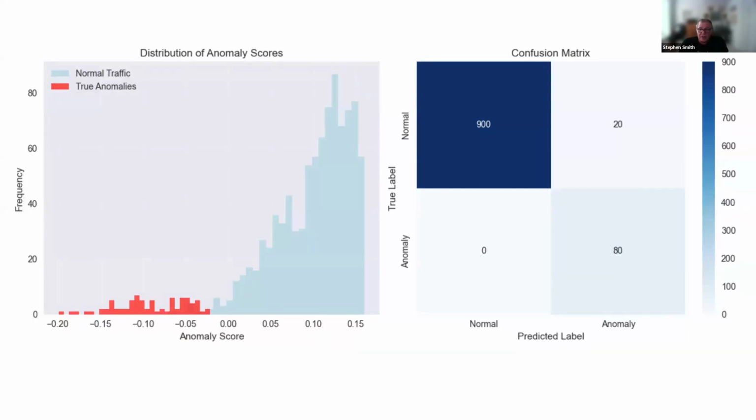Anything that is left of 0 into the negative is classified as an anomaly, which shows you where those 20 that are normal that were flagged as an anomaly come from. But we would rather err on the safe side. So that's kind of the distribution. And again, there are no labels required because this is unsupervised.